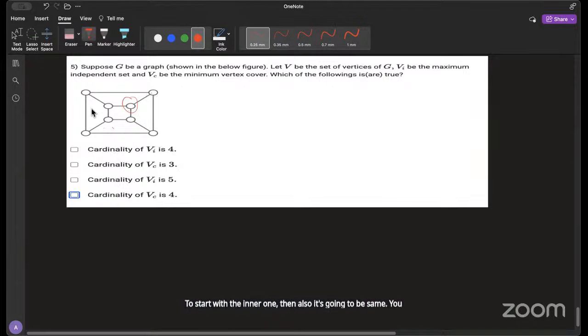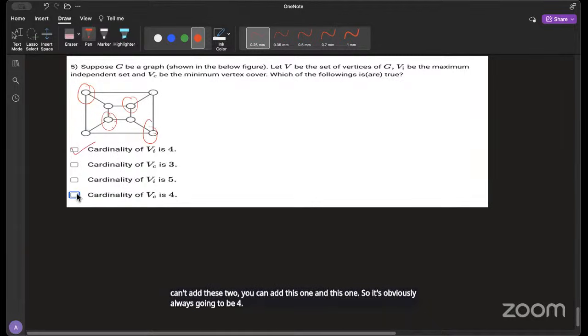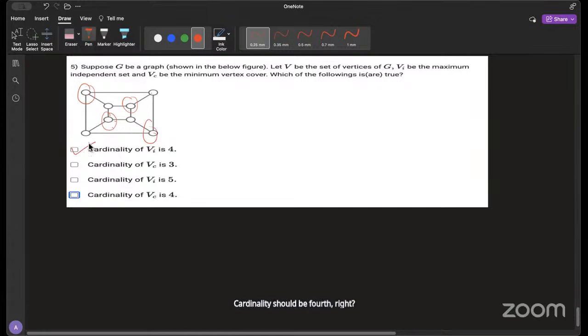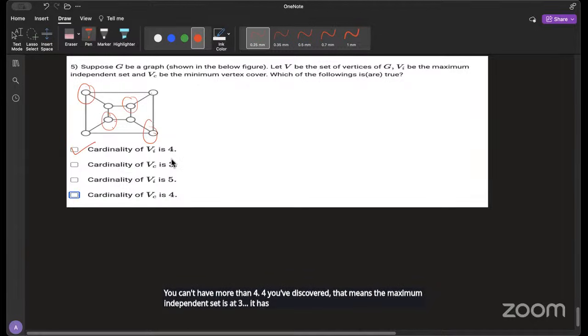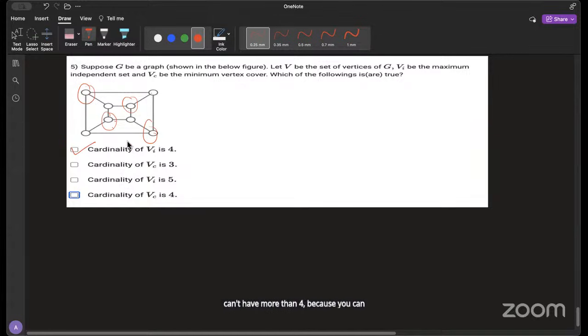You can't have this one. You can have this one, can't have these two. You can have this one and this one. So it's obviously always going to be 4. The cardinality should be 4, right? You can't have more than 4. That means the maximum independent set has at least 4 elements, and it can't have more than 4 because you can't find any.